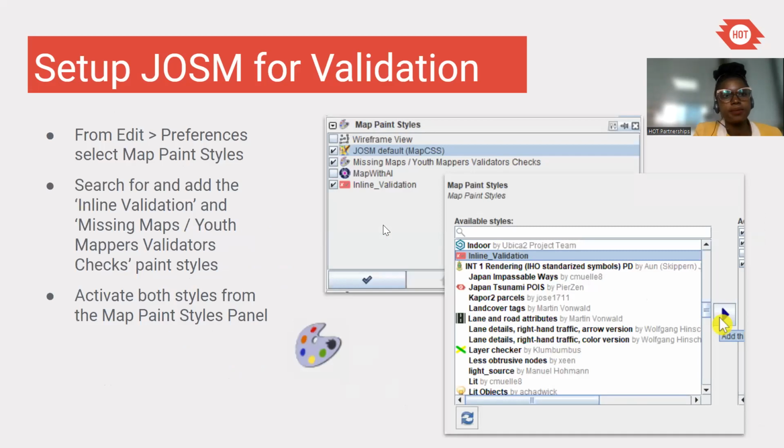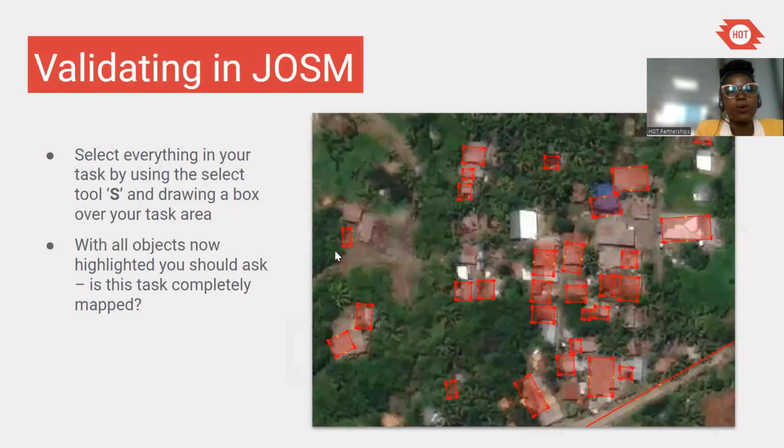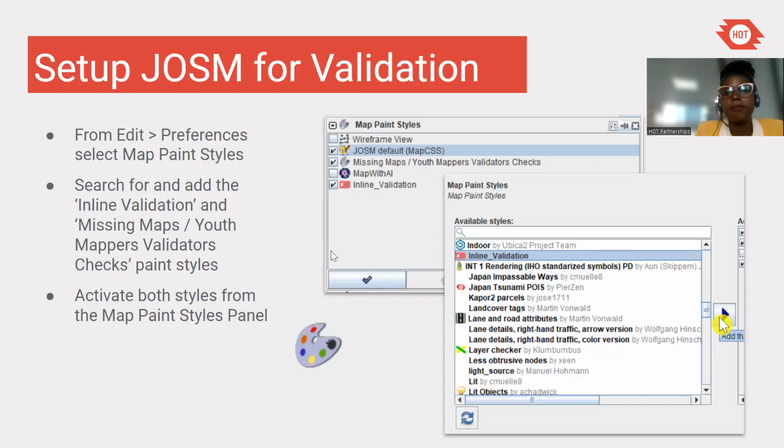The most important map paint styles that I usually use are the inline mapping, the Missing Maps, and the YouthMappers checks. Another one that I'll also introduce to you is the Apple one that Ralph mentioned a bit of in his last training.